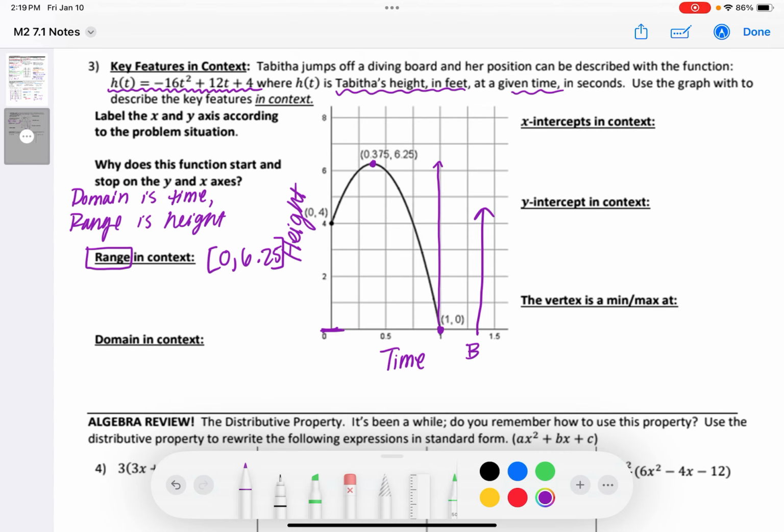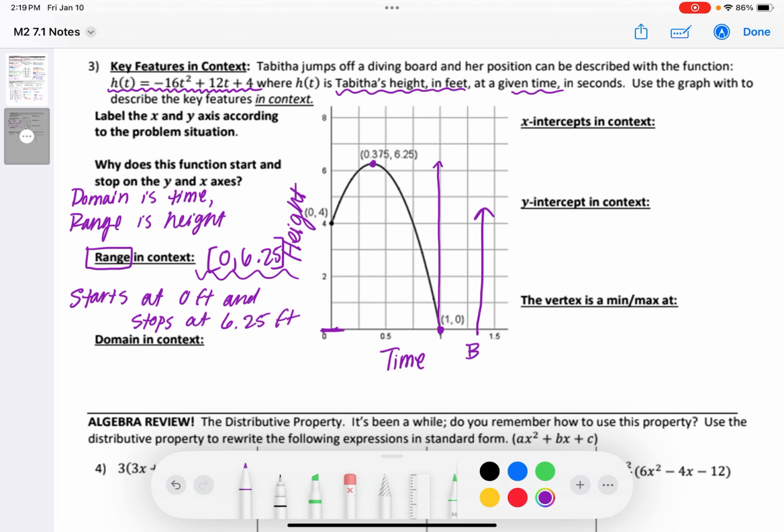So that's the range of her height. She starts at a height of 0 feet and stops at 6.25 feet.